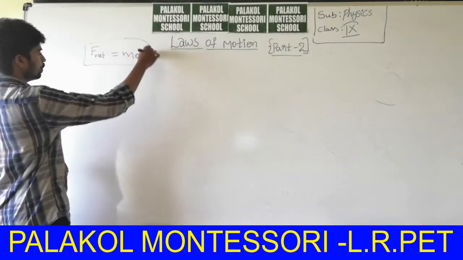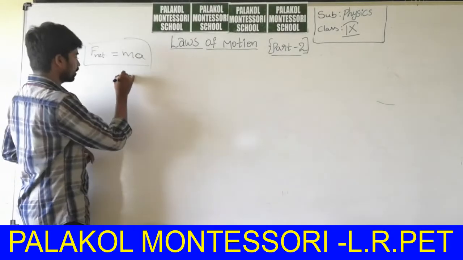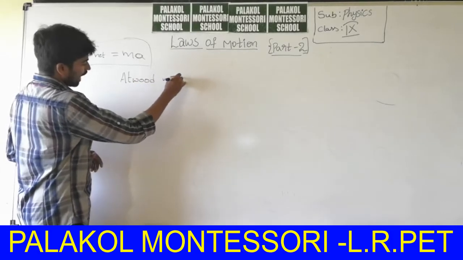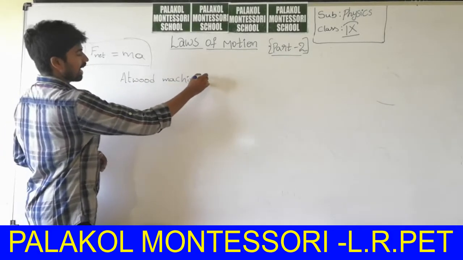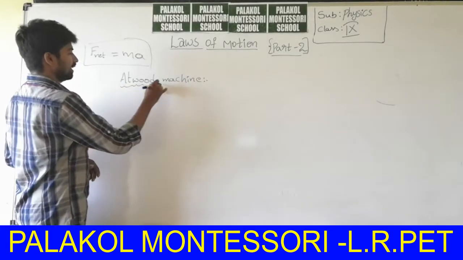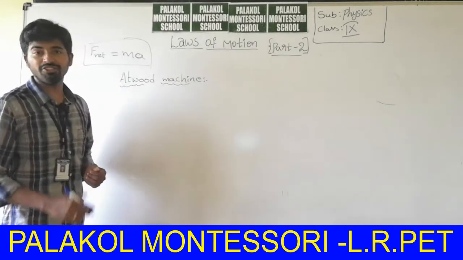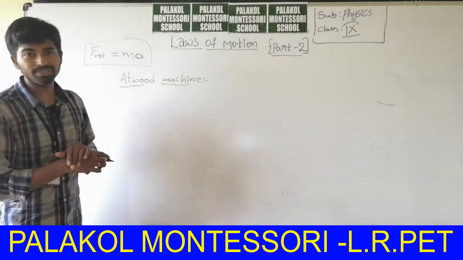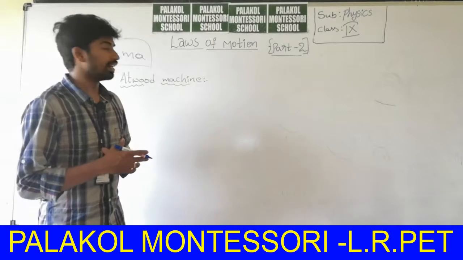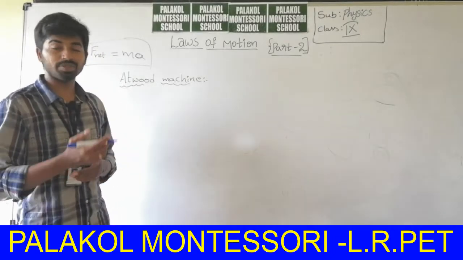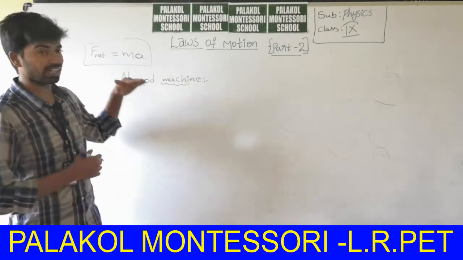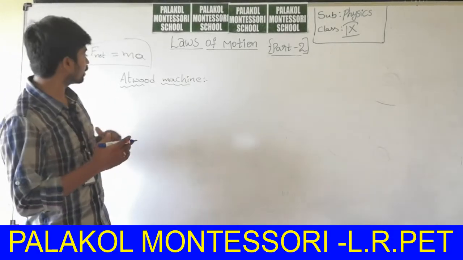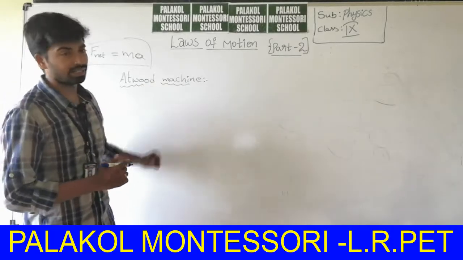So, let us learn about the Atwood machine. The Atwood machine is an arrangement that verifies Newton's second law, that verifies this equation. In the laboratory, we can verify Newton's second law with this Atwood machine.